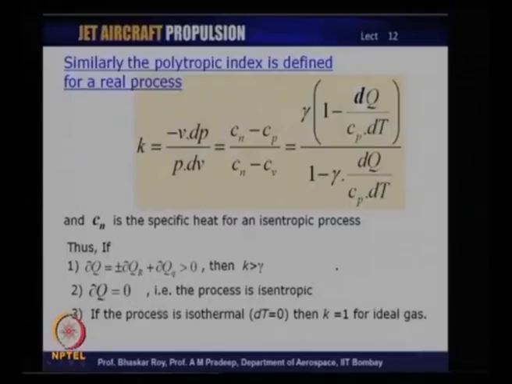If the process is isothermal, then the value of k is 1 for ideal gases, and this is what we saw in one of the earlier PV diagrams. So, this is what comes out from the definition of polytropic index, as it is used for gases, ideal or real, in various cycle analyses of engines.